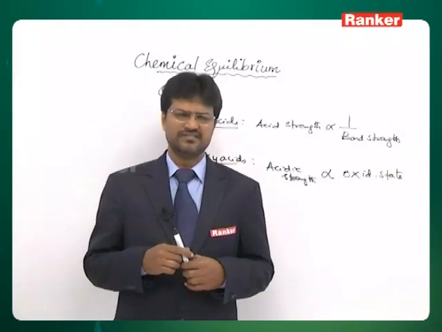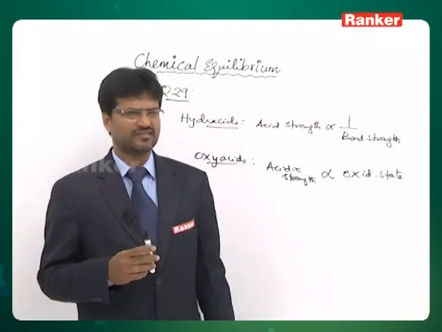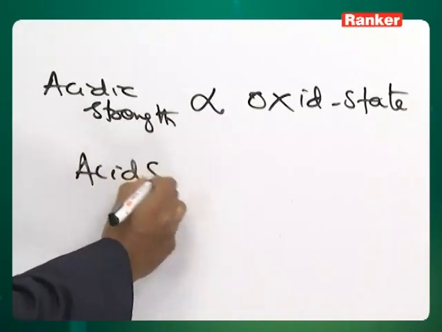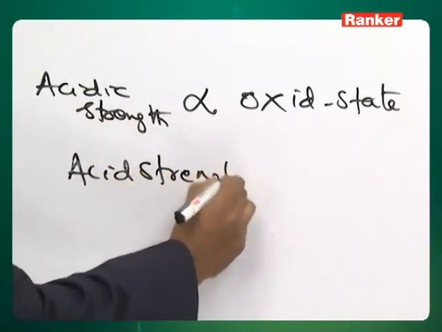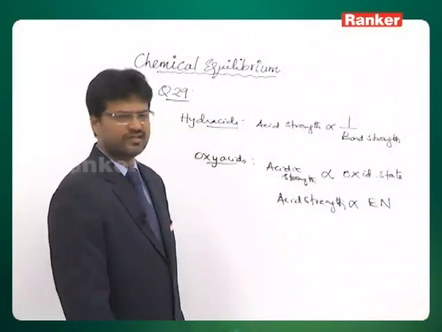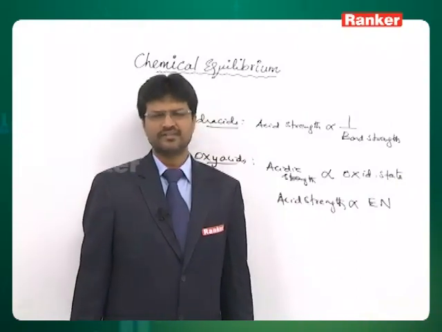Look at C. C is H2SO3 greater than H2SeO3. This is true. Acidic strength also depends on electronegativity of central atom. So H2SO3 is more acidic than H2SeO3 because sulfur is more electronegative than selenium.